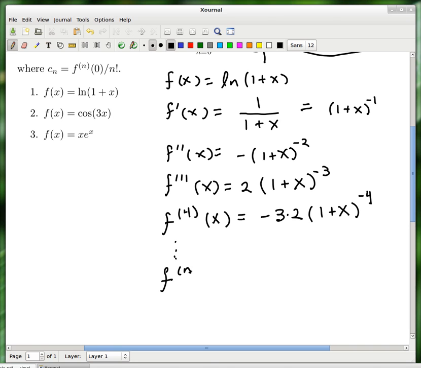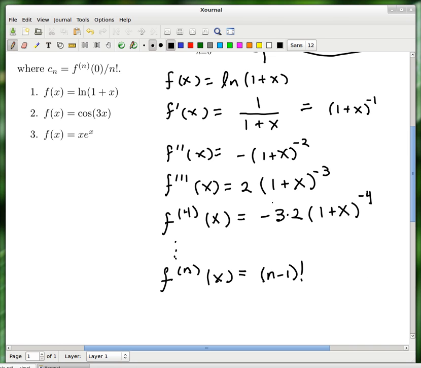So what is the nth derivative going to be? Well, you just write down what rule is being followed here. It says if n is 4, you've got 3 factorial up front, and when n is 3, you've got 2 factorial up front, and that works for these other cases too. So in the nth case, you've got n minus 1 factorial up front.